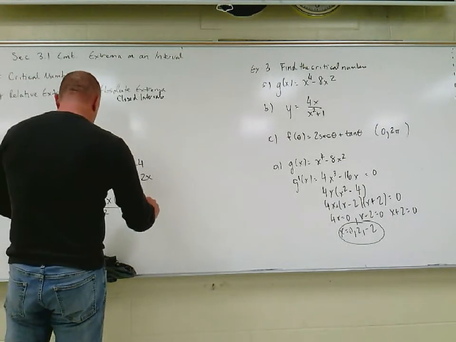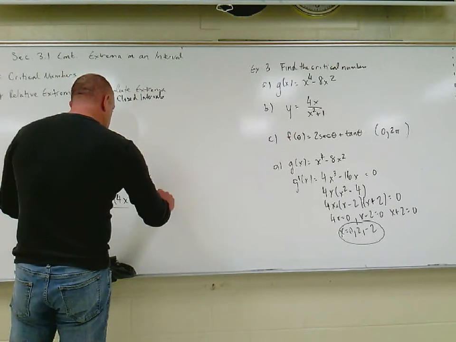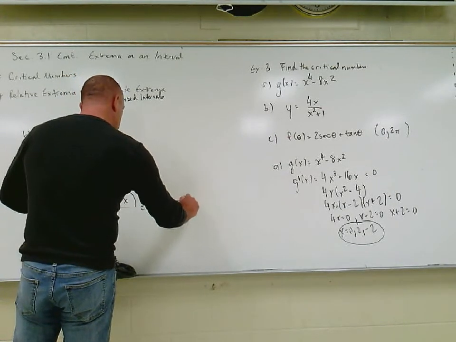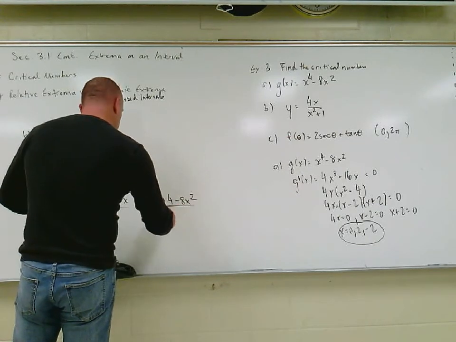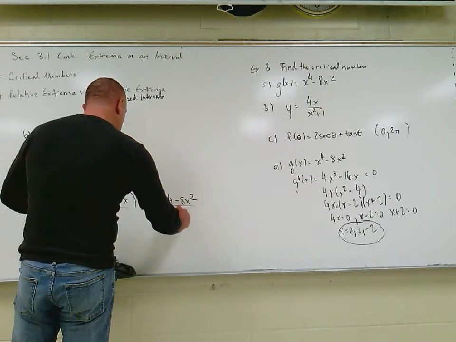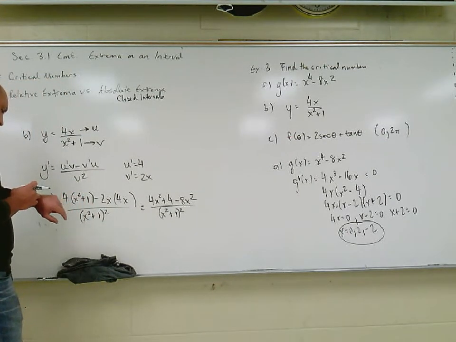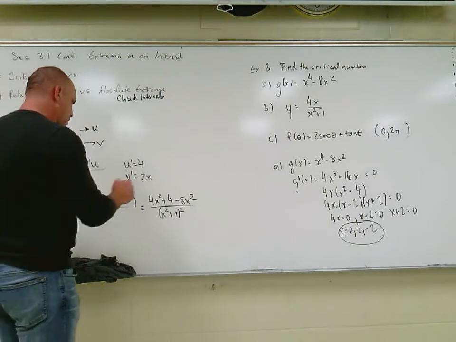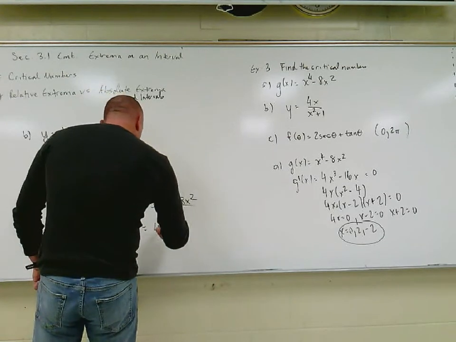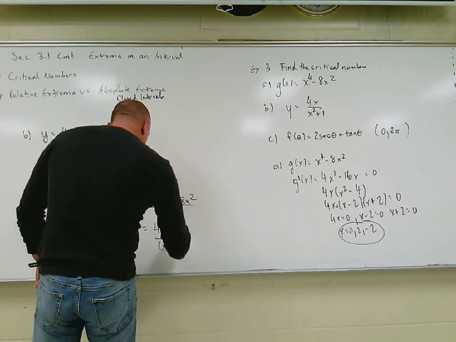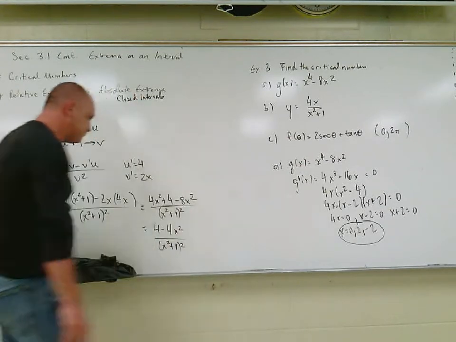So I get 4 minus 4x squared all over x squared plus 1 quantity squared.